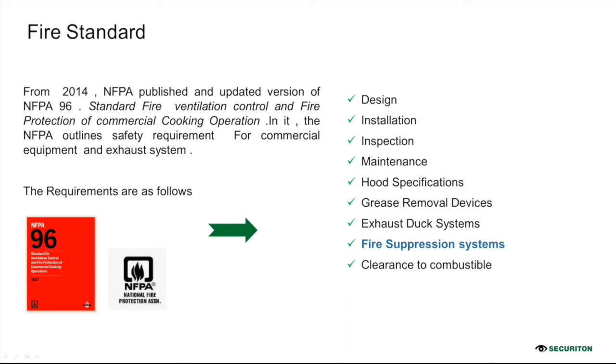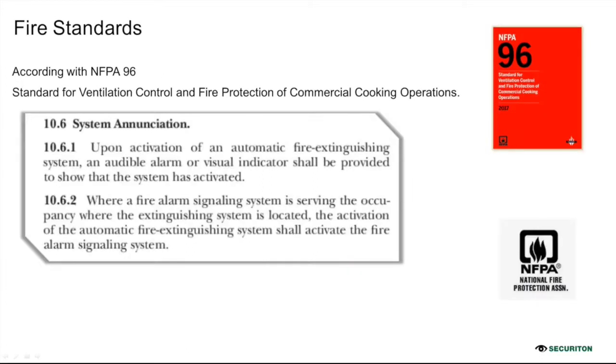We are not looking into the fire suppression system itself, but into the detection system that's going to help the fire suppression system work at the best optimum level. Two important standards I'd like to share here: first, clause 10.6, system annunciation, whereby an automatic fire extinguisher system, an audible alarm, or a visual indicator shall be provided to show that the system has activated.